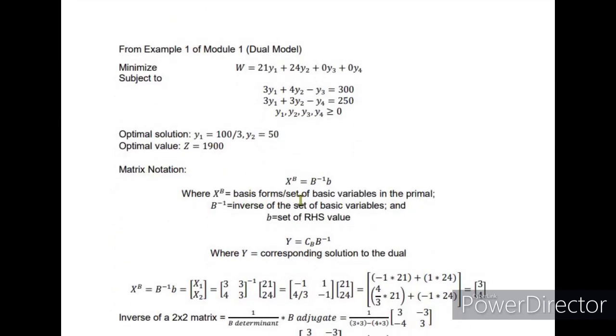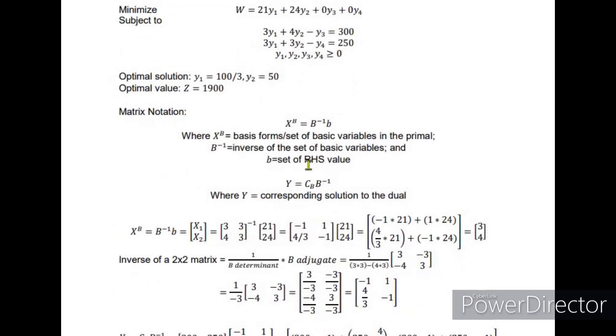Now, for the matrix notation: X raised to B is equal to B raised to negative 1 times small letter b. What is X raised to B? It is the basis, or set of basic variables in the primal. B raised to negative 1 is the inverse of the basis matrix, and small letter b is the set of RHS values.